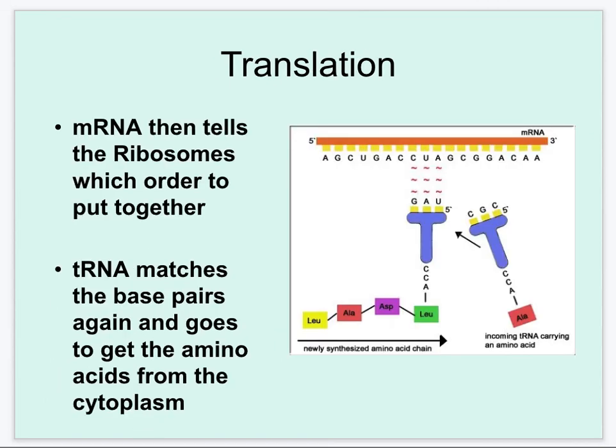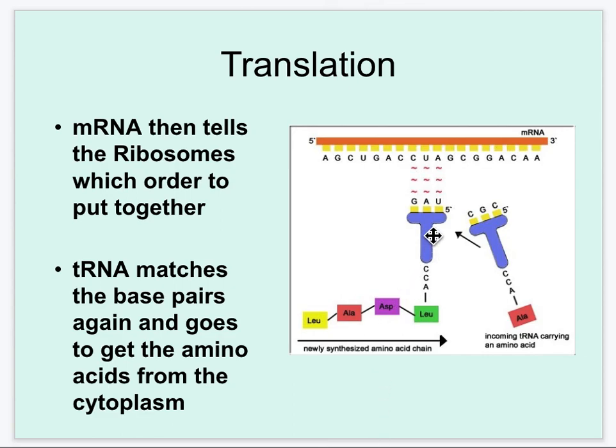And then you have translation, so the mRNA then tells the ribosomes which order to put together, and they do this in groups of 3. The tRNA matches the base pairs again and goes to get the amino acids from the cytoplasm. So all this is happening at once.